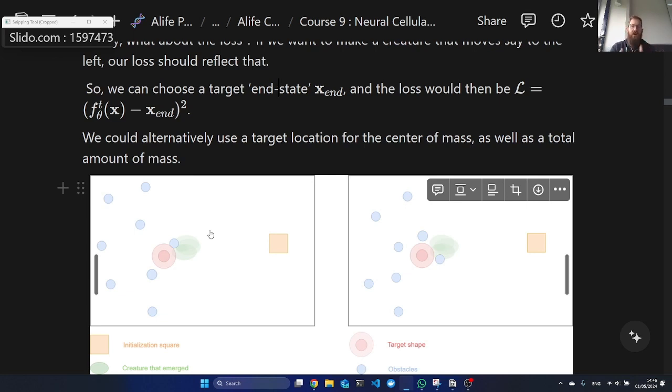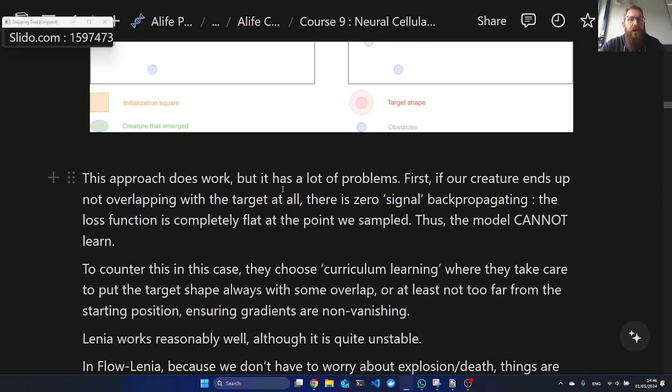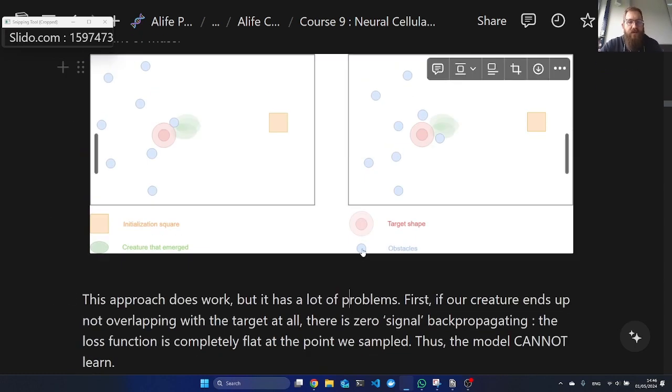And then we have our loss and our parameters. We can just apply the gradient descent algorithm, and in principle, we'll find some parameters which make the creature move more and more towards this target. In practice, you may have some problems. These are vanishing gradient problems, because if we start here and want the creature to end up here, imagine that the creature goes to the left but ends up here.